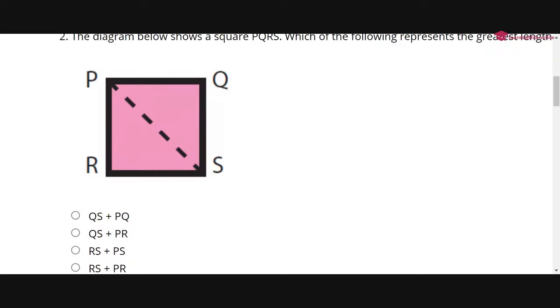All right, guys, are you seeing my screen? Okay. So, what's the answer for question number two? Which of the following represents the greatest length?